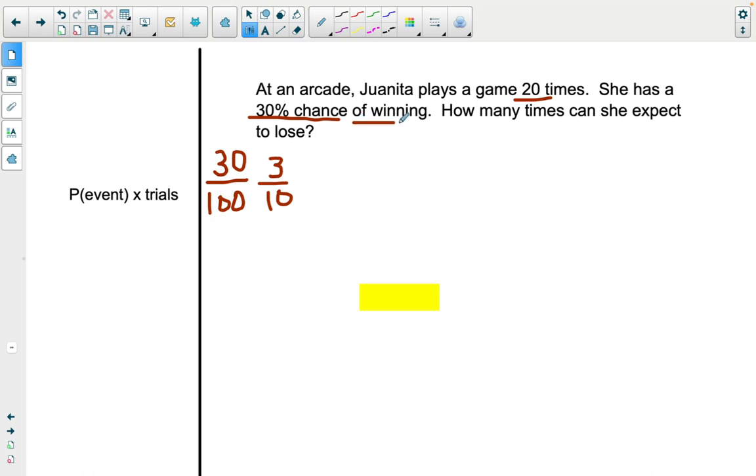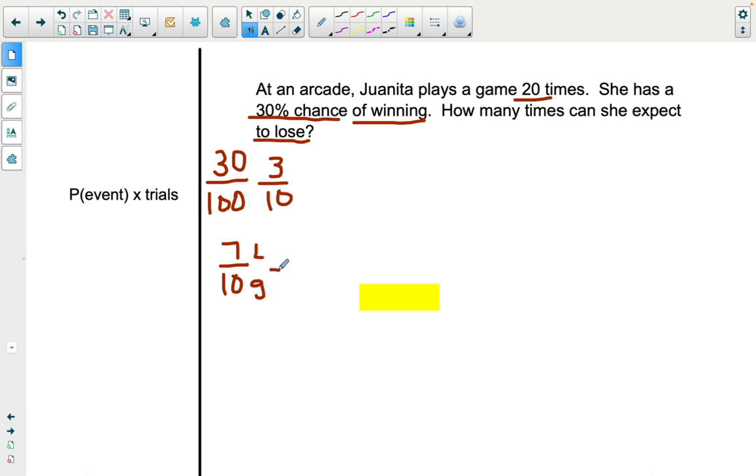But that is her chance of winning. We want to know how many times she thinks she will lose. Well, if she wins 3 out of 10, how many would she lose? Well, she would lose the ones that she didn't win, so she would lose 7 out of 10. She would lose 7 times out of 10 games.